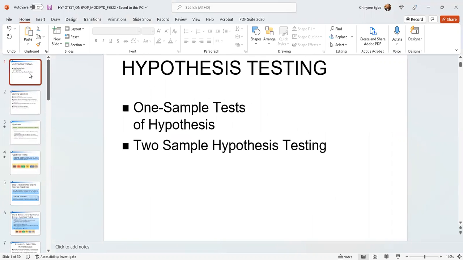So the first thing that we need to understand about the problem is a test of hypothesis, okay? And we're going to do a 1 sample hypothesis test, and then 2 sample hypothesis tests, or you can say a 1 population hypothesis test and a 2 population hypothesis test, okay?